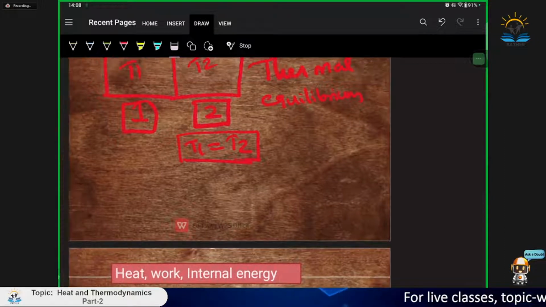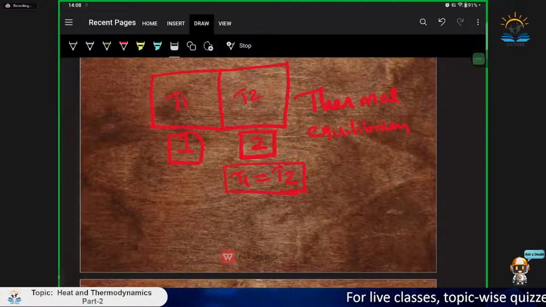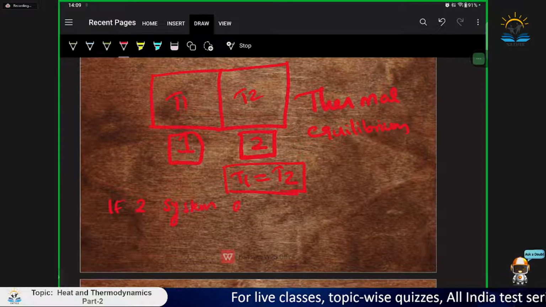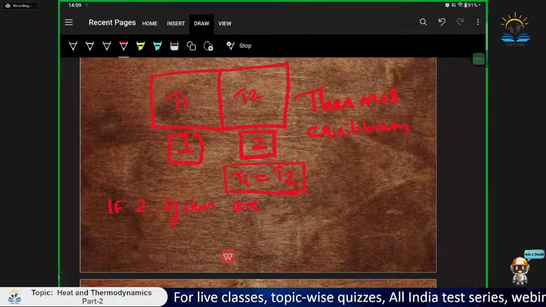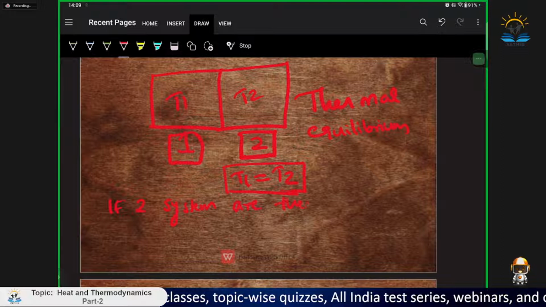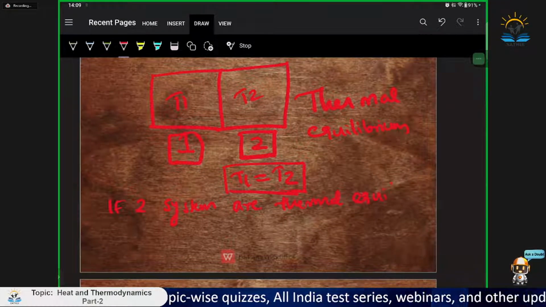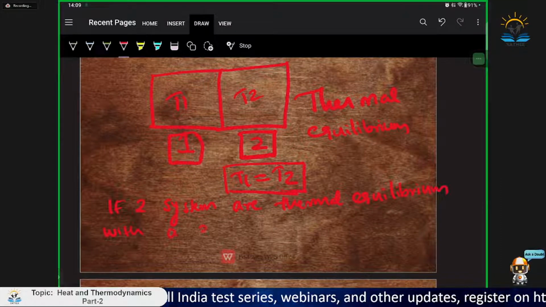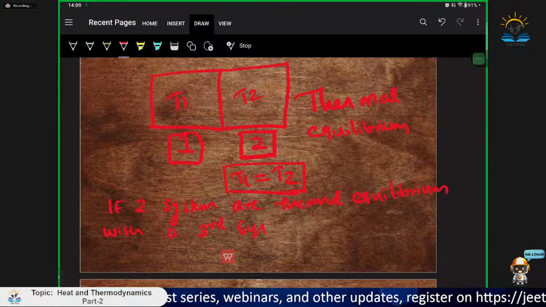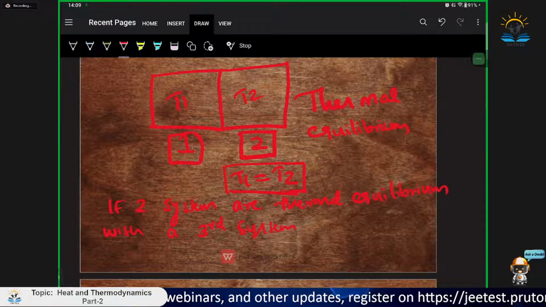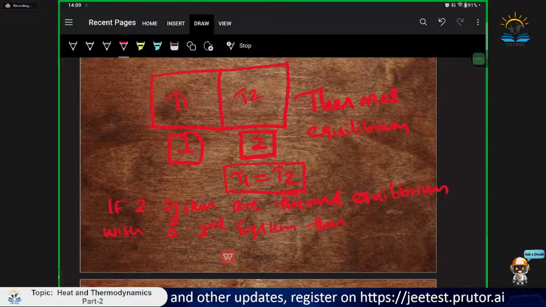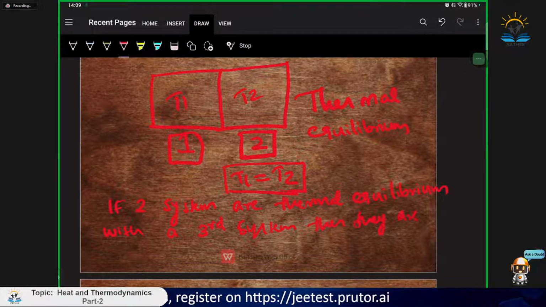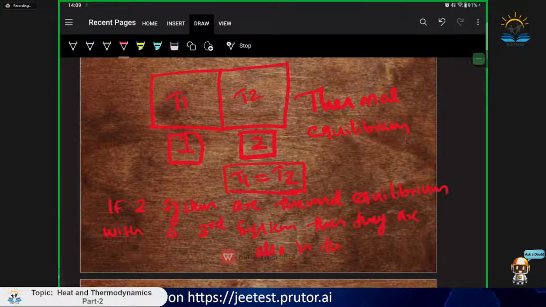I am writing the definition of the zeroth law of thermodynamics. If two systems are in thermal equilibrium with a third system, then they are also in thermal equilibrium.